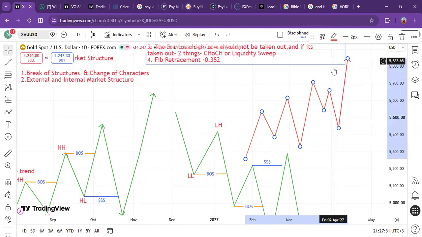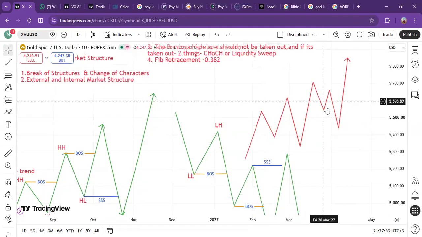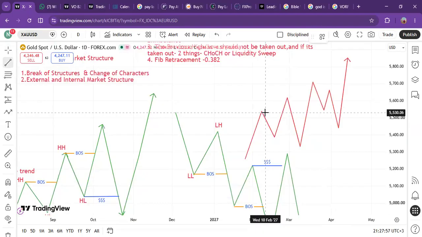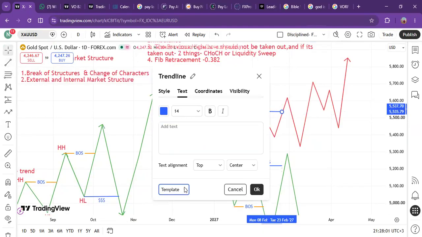Let me change the color. So where do I mark the breakout structures here? When the market is moving, I will mark the breakout structure first at that point.